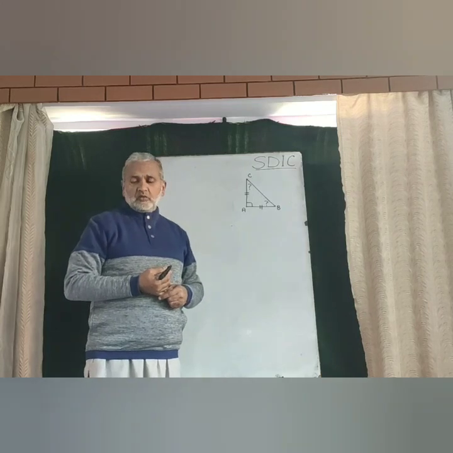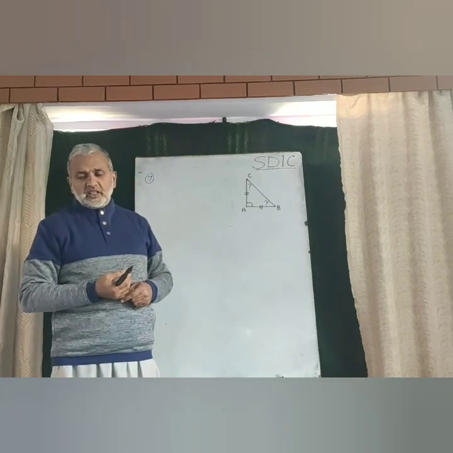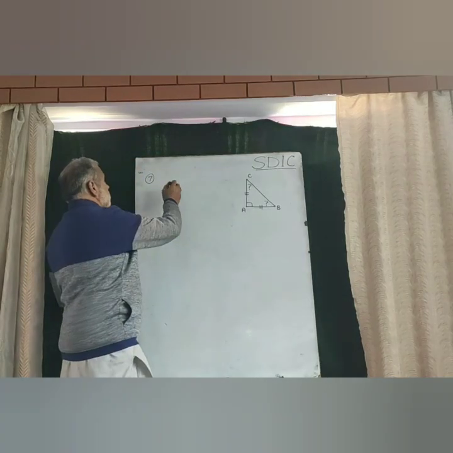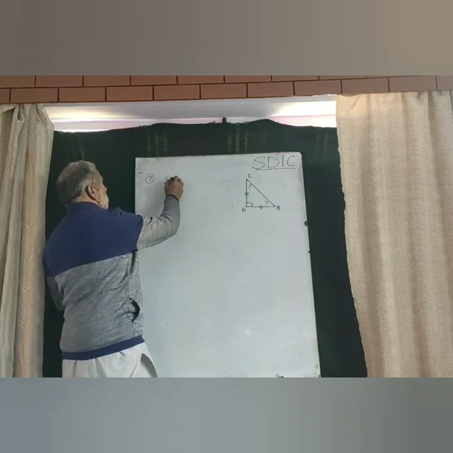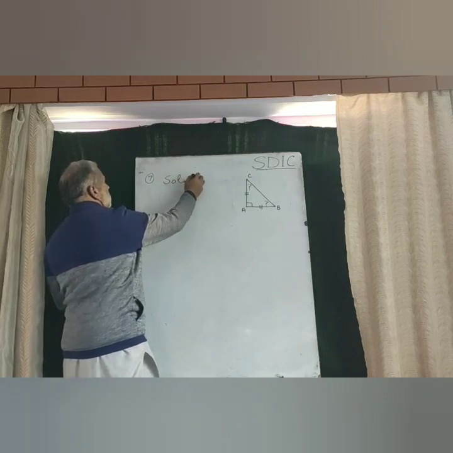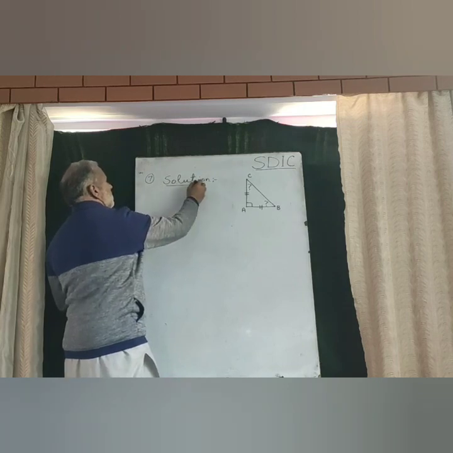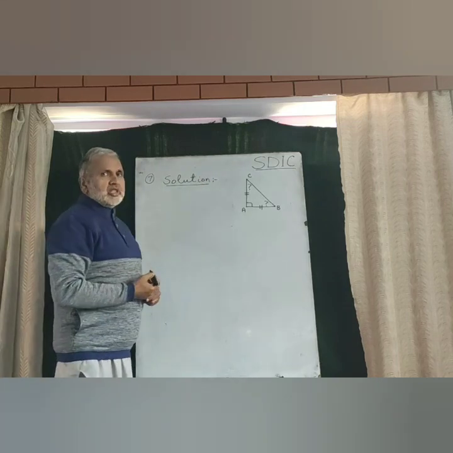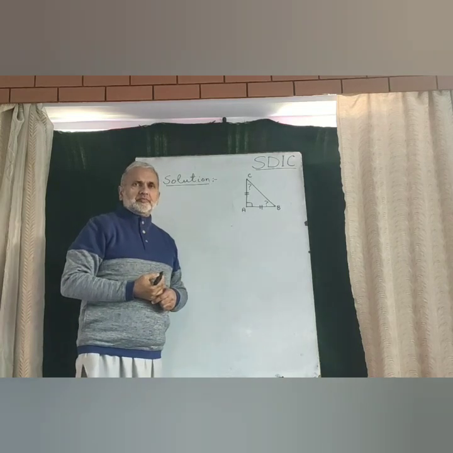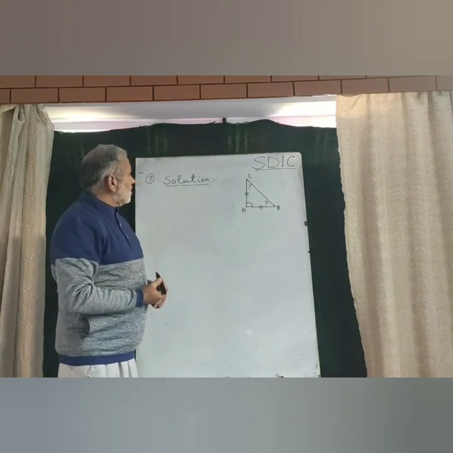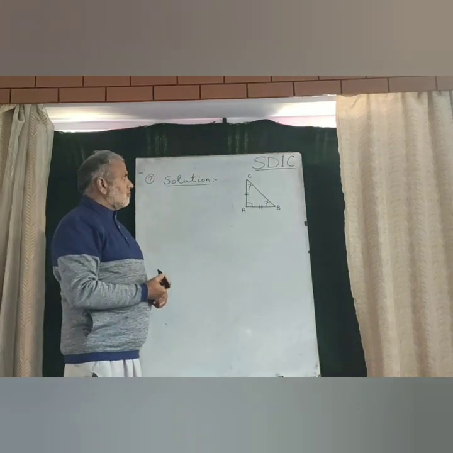So you will write to find angle B and angle C. Let us now try to find that. And when you have to find something, instead of writing proof, we write solution. Let us begin the solution of this.